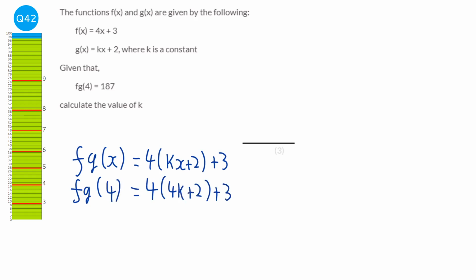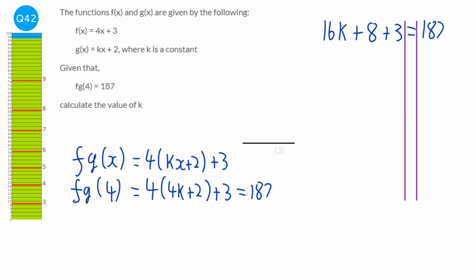And it says that that will equal 187. So we've actually got something we can solve here. So I'm just going to rewrite that, but actually I might expand the brackets as well while I'm at it. So 4 times 4k is 16k, 4 times 2 is 8, plus 3 equals 187, and let's get our solving lines in.